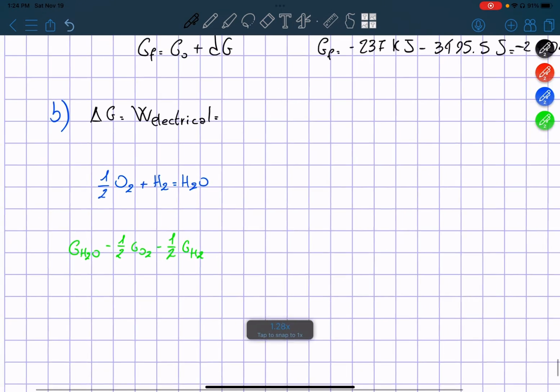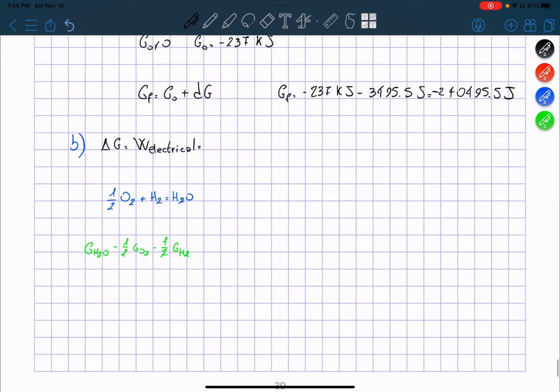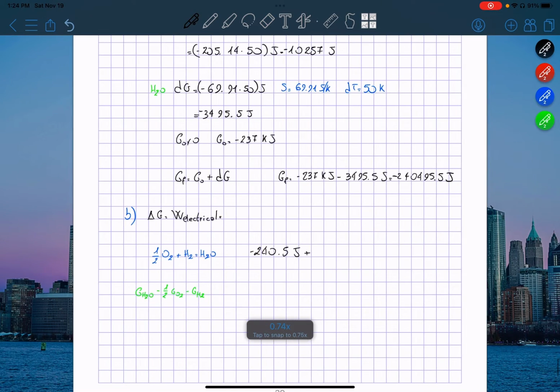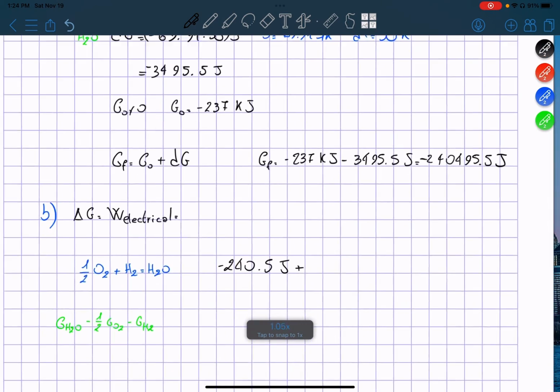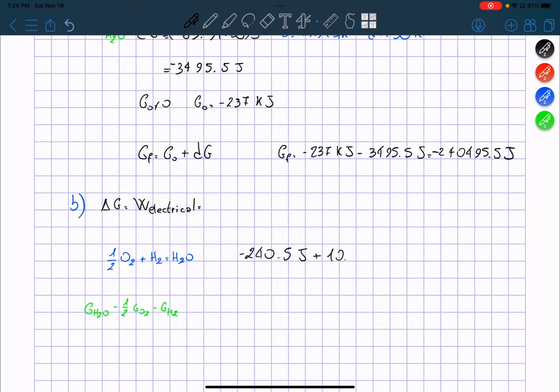Okay, so we can gather all together. The G of H2O we just said was equal to negative 240,000 joules, or more exactly negative 240.5 kilojoules. Minus, it becomes plus because our G for O2 is negative, and to be exact it is equal to 10.3 kilojoules.